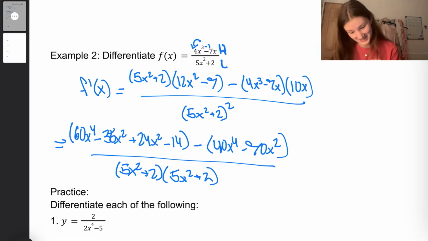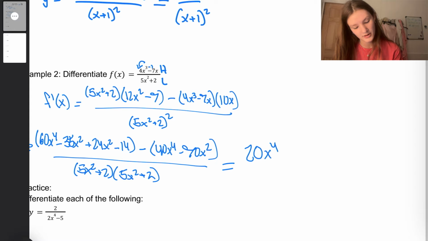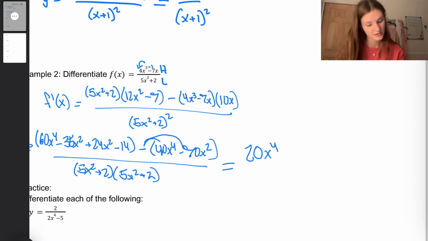So that's going to be 60 minus 40, 20x to the 4th, plus 70x squared. How many x squareds do we have over here?